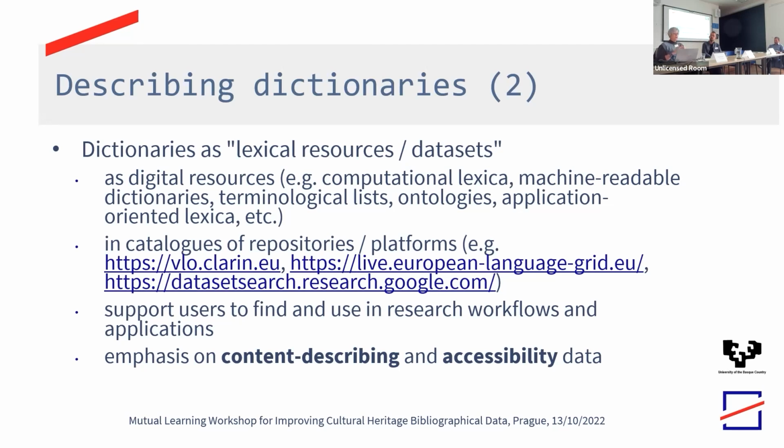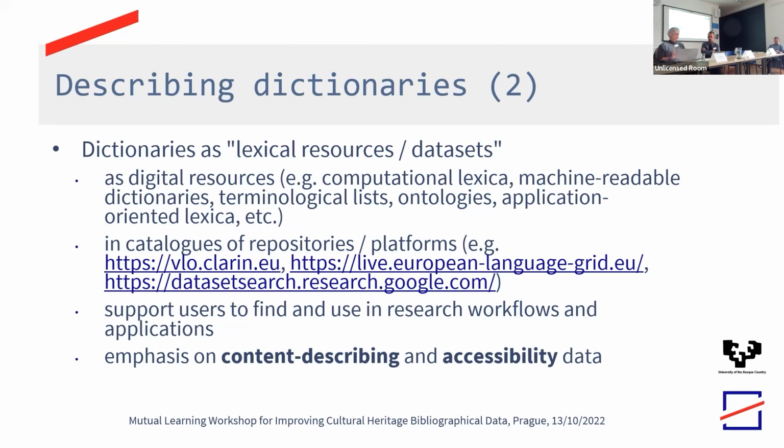You have catalogs of computational lexica, machine-readable dictionaries, ontologies, term lists, or application-oriented lexica such as sentiment lexica, polarity lexica, etc. There's a number of repositories and platforms which have quite a rich list of such resources, like the Clarin Virtual Language Observatory, which harvests the metadata from all the Clarin centers. European Language Grid is dedicated to language technology, but also includes lexical resources, or even the Google dataset. I mean, they say datasets, and yes, they have lexical datasets as well there.